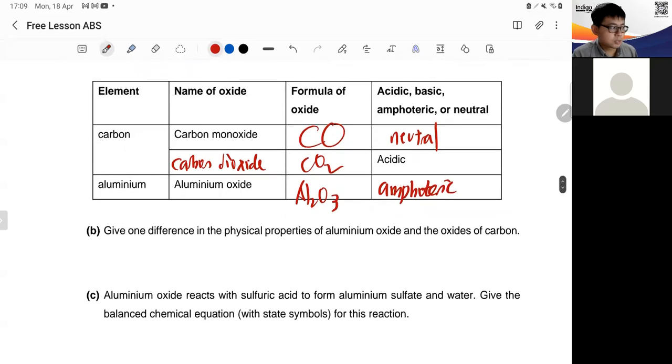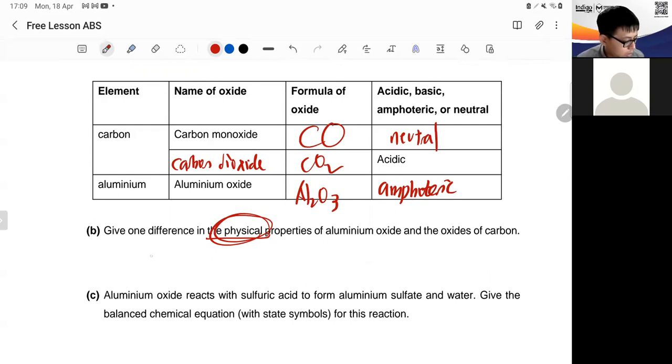Just a little bit more on this. One difference in the physical properties, only one physical. So things like reactions cannot count. Only physical properties, such as melting point, boiling point, density, state, color, conductivity. So there are so many, and I just need one.